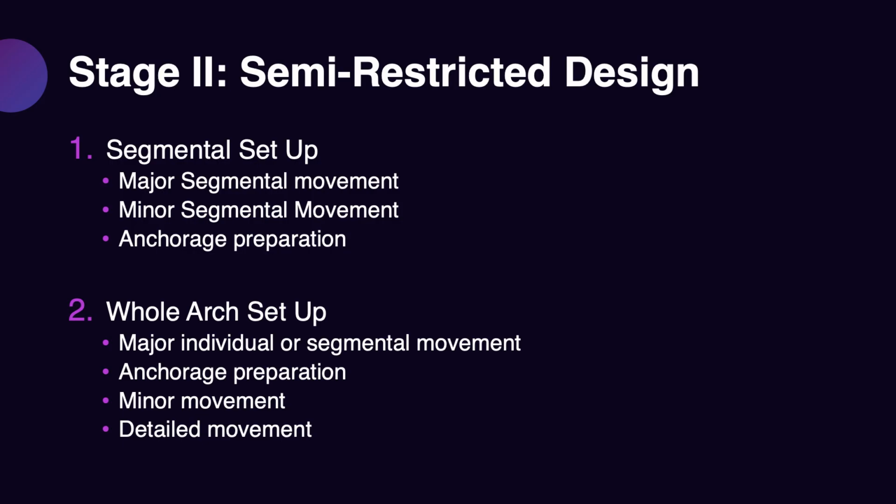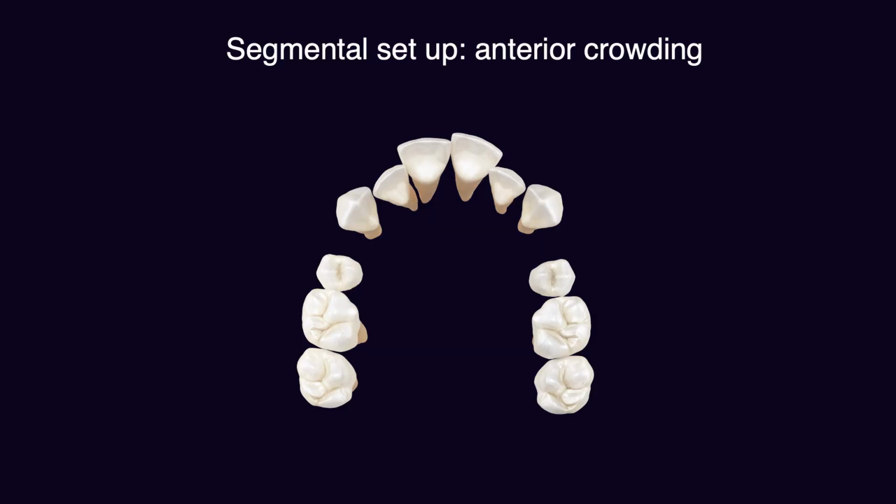Braces, depending on the side effects that you may encounter, may require segmental setup or full setup. If movement in 2 segments is required before adding the 3rd segment to decrease the side effects, therefore segmental mechanics is necessary. For example, you have 2 proclined centrals, you have blocked-out laterals.